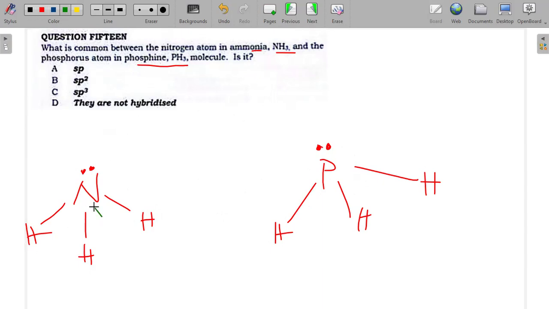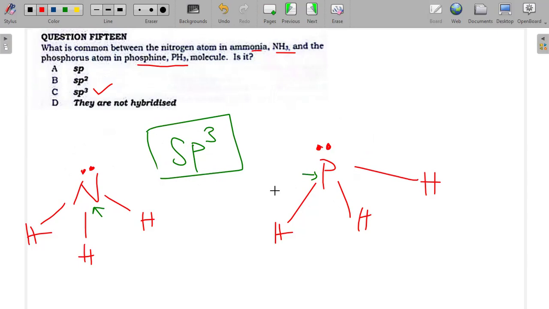We see that both this guy and this guy are attached to 4 items. If they're attached to 4 items, then they are both sp3 hybridized. Based on this diagram that I've drawn here, we're going to say the answer is sp3. They are both sp3 hybridized.